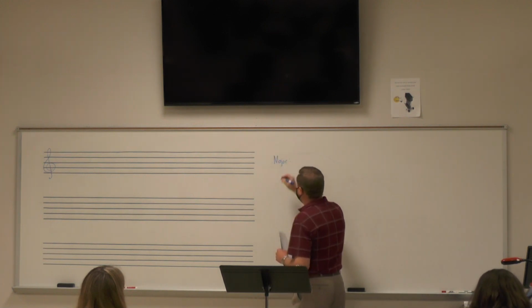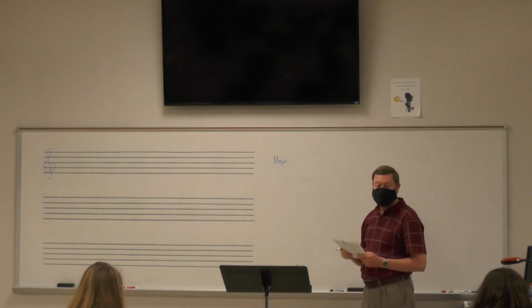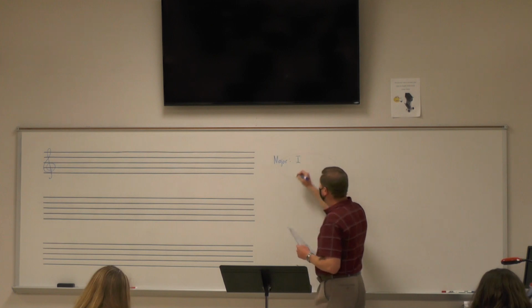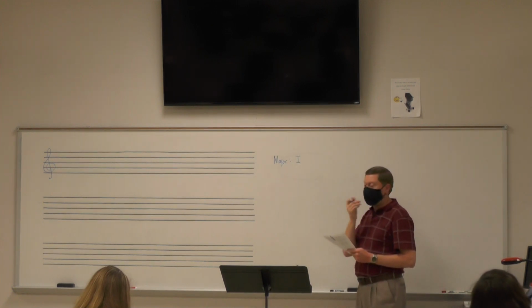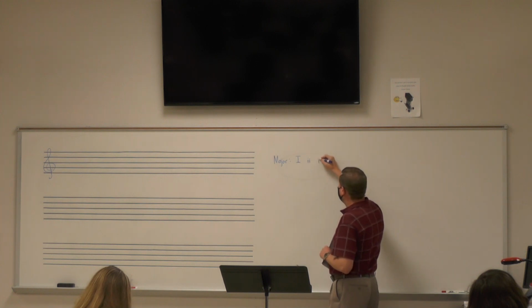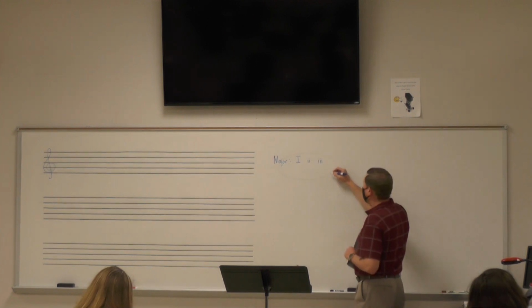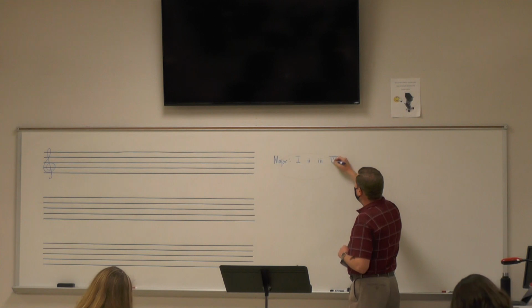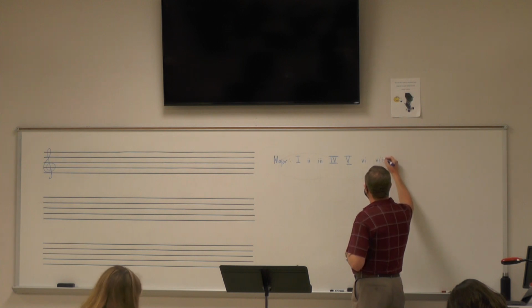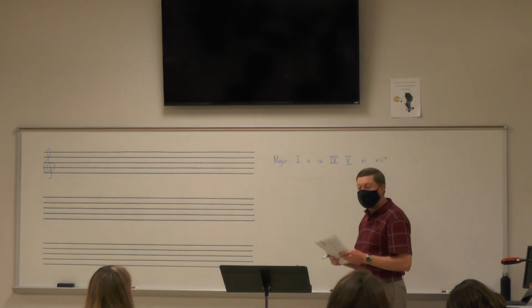We found out that in major keys, the triad on scale degree 1 is major, so we use a capital Roman numeral 1. The triad on scale degree 2 is minor. On scale degree 3 turns out to be minor. Scale degree 4 is major. Scale degree 5 is major. Scale degree 6 is minor. And scale degree 7 is the only diminished triad we get.